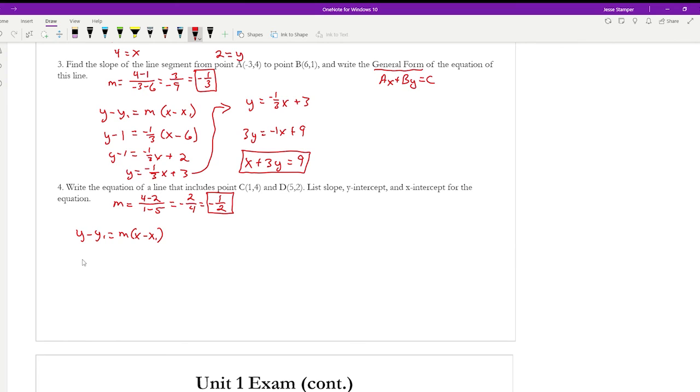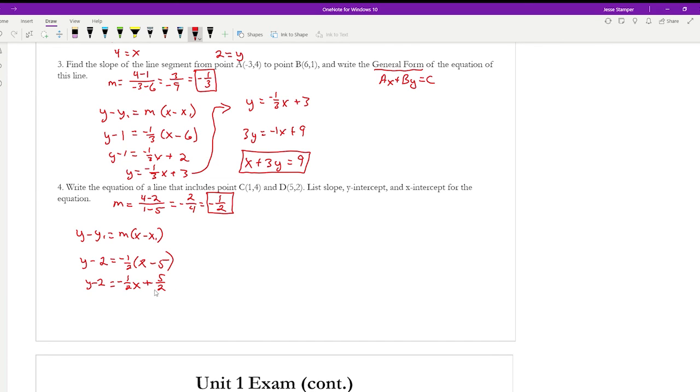All we have to do, plug it in. y minus, well, why don't we use D for this? Okay, so y minus the y, which is 2, equals negative 1/2 times x minus 5. Well, that's going to give me y minus 2 equaling negative 1/2 x plus 5 times a negative 1/2, which is a positive 5/2.